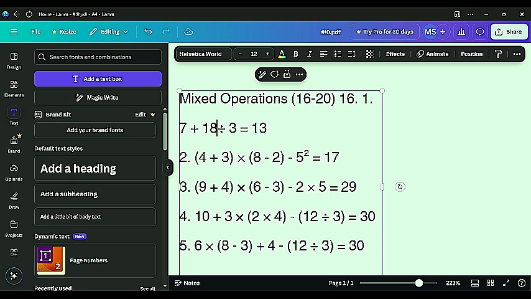After that, I don't know. 18 divided by 3 gives us 6. Not this is from question. That is not true. 6 is not equal, so what we have to do is 5. Yeah, that was first.